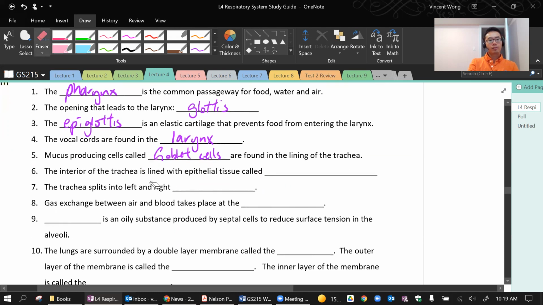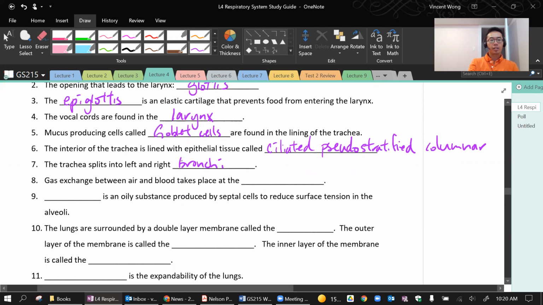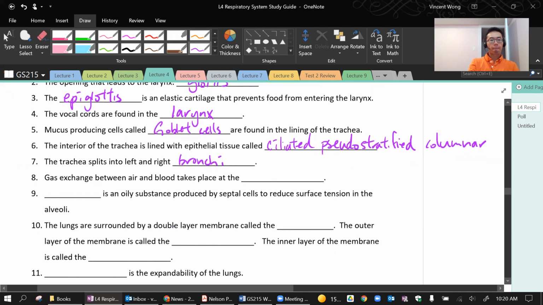The interior of the trachea is lined with epithelial tissue called ciliated pseudostratified columnar. The trachea splits into the left and right bronchi, the main bronchi or the primary bronchi.